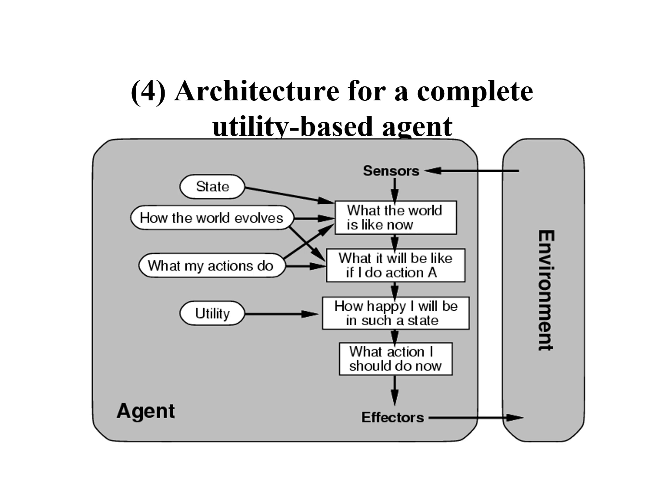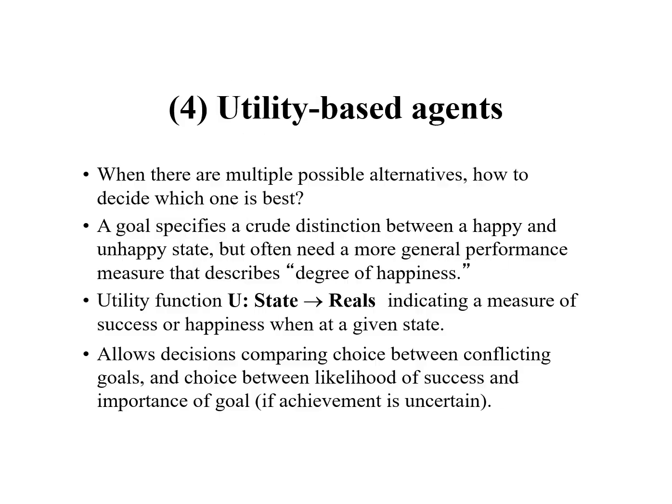It includes what the state is like, how the world evolves, what my actions do, and the utility. What action I should do now, and the final stage is the effector, which gives out the actions to be performed onto the environment.